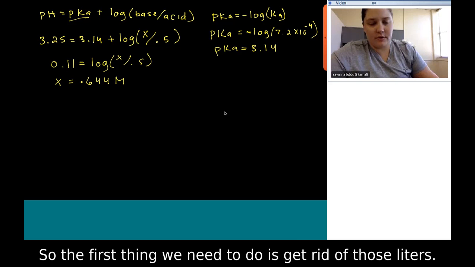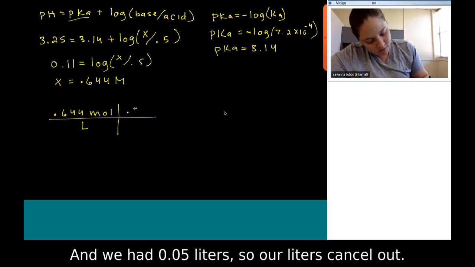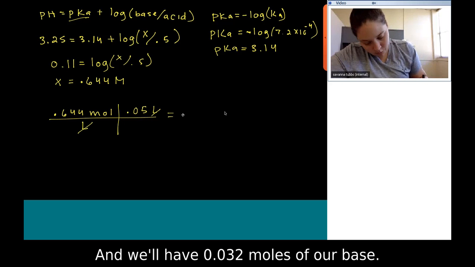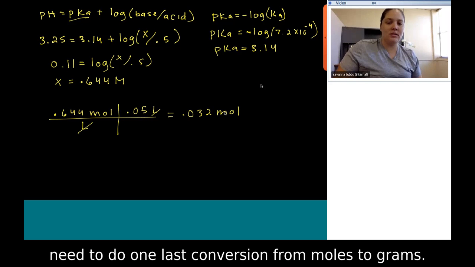So the first thing we need to do is get rid of those liters. 0.644 moles per liter, which is molarity, and we had 0.05 liters, so our liters cancel out, and we'll have 0.032 moles of our base, but we don't want it in moles. So we need to do one last conversion to get from moles to grams.